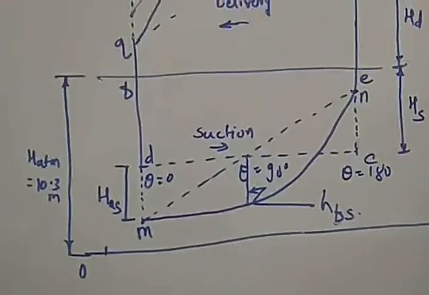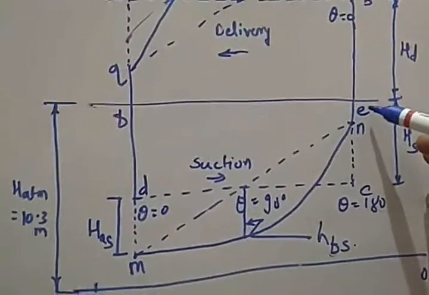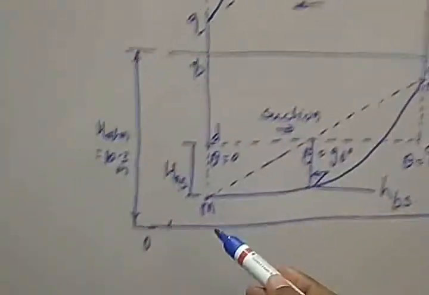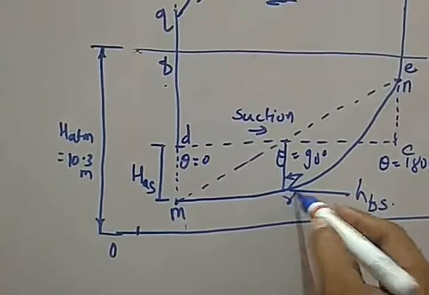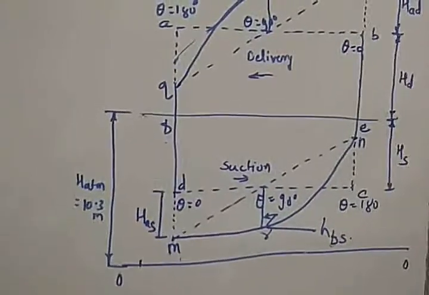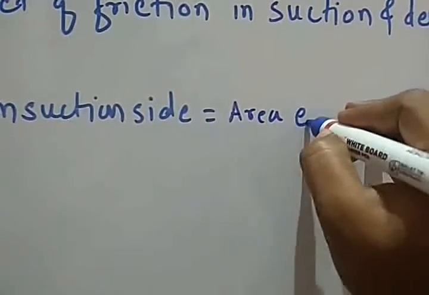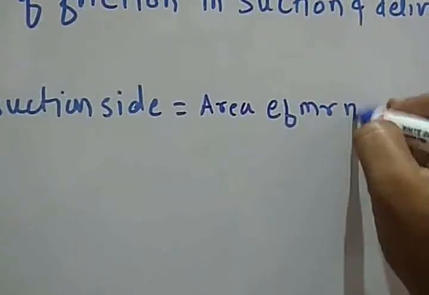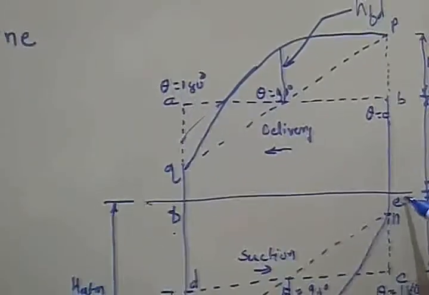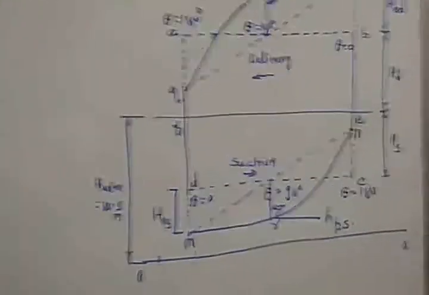Applying this on the indicator diagram, the total work done on the suction side will be the area under the diagram, or the area under E, F, M. I'll mark this point as R, N, E. So this is the area for the suction stroke: area E, F, M, R, N, E. That is the area during the suction stroke, or on the suction side.